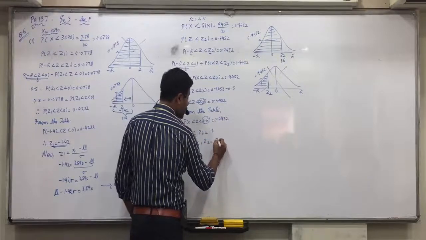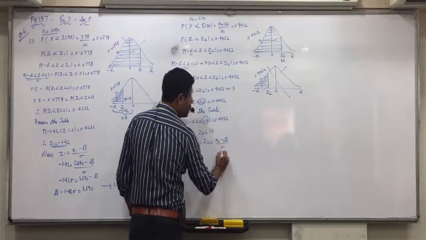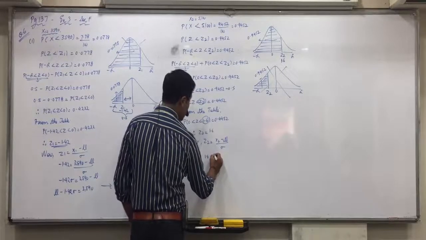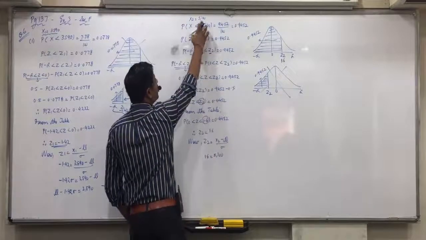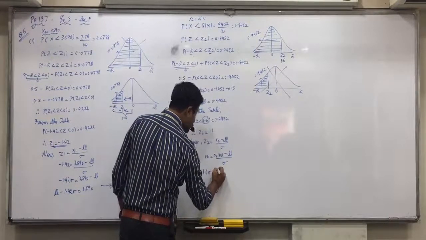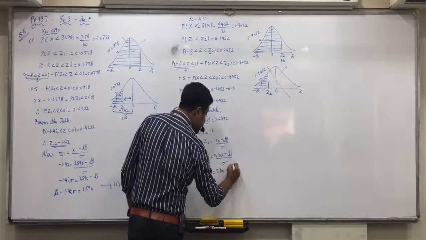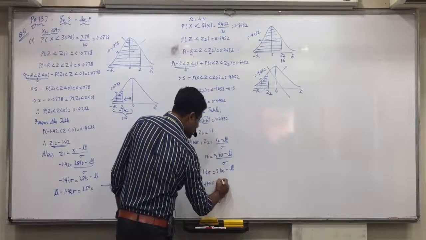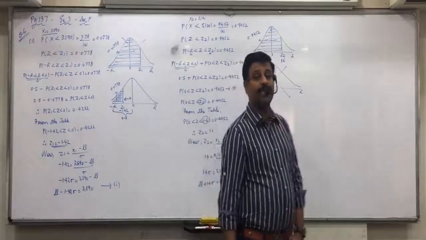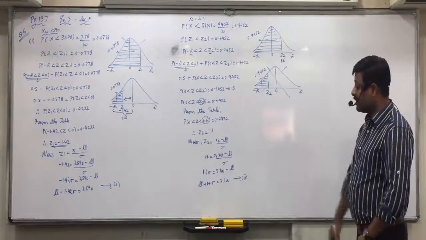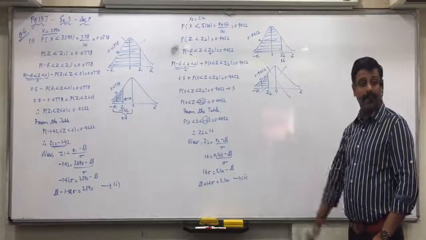z2 equals x2 minus mu upon sigma. So 1.6 equals x2, which is 5100 as in the beginning, minus mu upon sigma. 1.6 sigma equals 5100 minus mu. Minus mu on the left side becomes plus. So mu plus 1.6 sigma equals 5100.